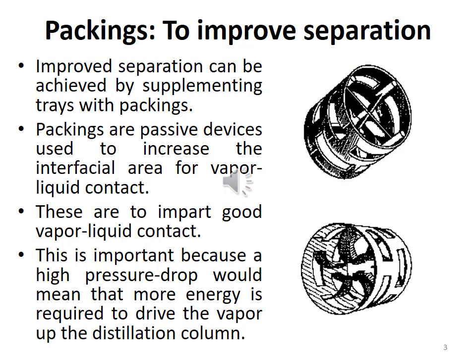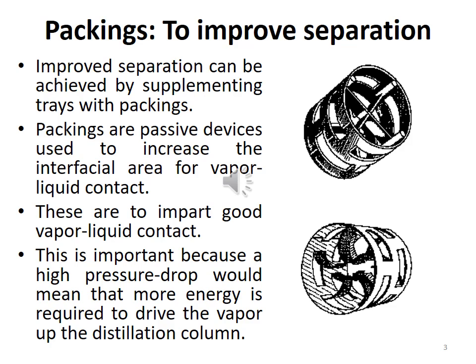As we talked earlier, trays actually act as a mini column, and these trays will be serving as a small separation unit. The higher the number of separation units, the better the separation efficiency of the column.